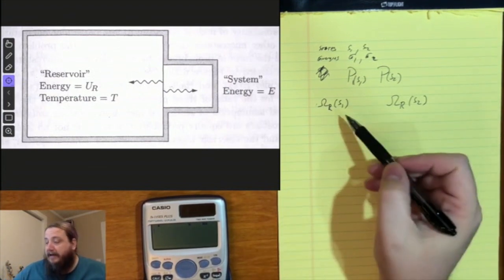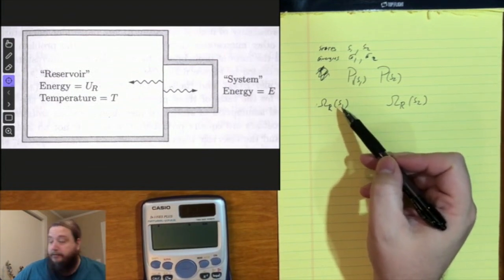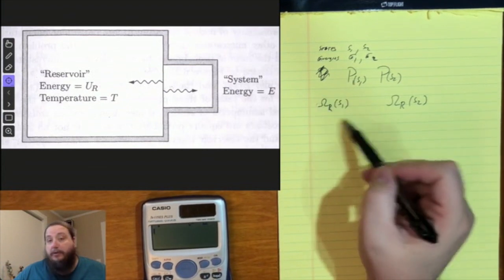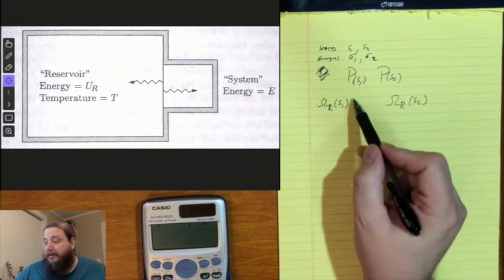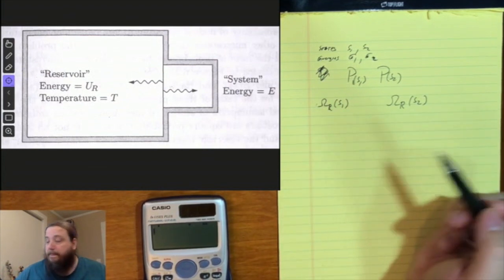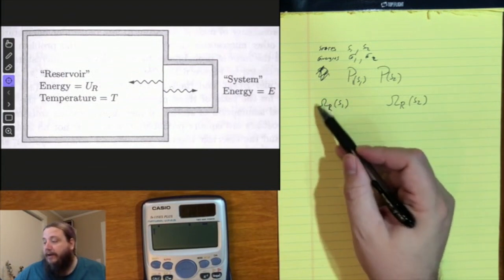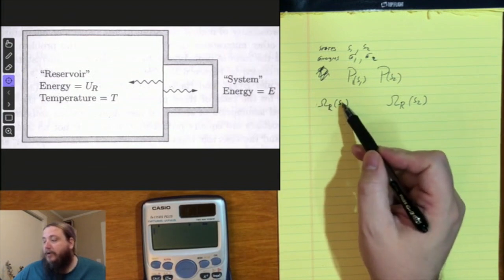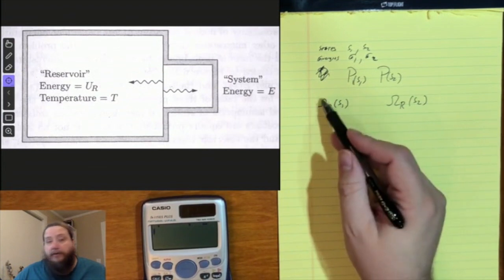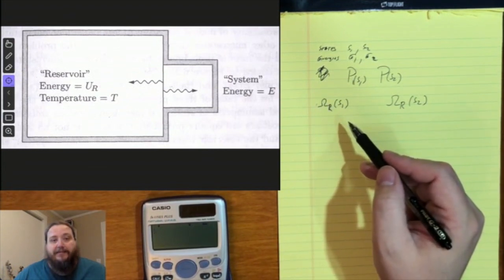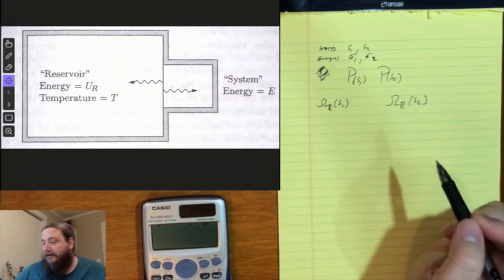And obviously if the atom is in state 1 there's only one of those, and so the total multiplicity of our reservoir plus system would just be the multiplicity of the reservoir for this one given state. So all the ways that we could arrange the reservoir when the atom is in state 1, this is going to be the total number of states for our reservoir plus system in this configuration, and similarly with this.